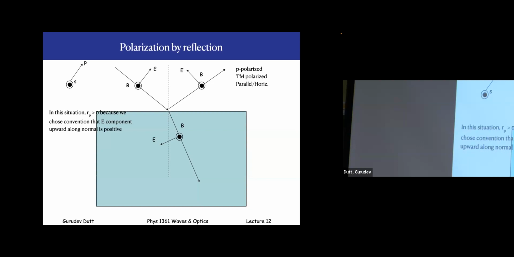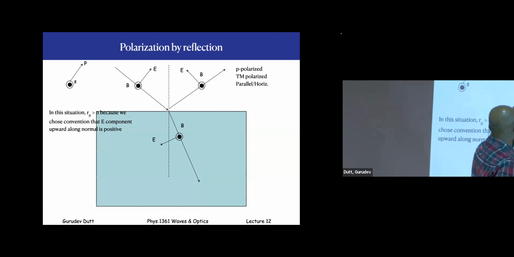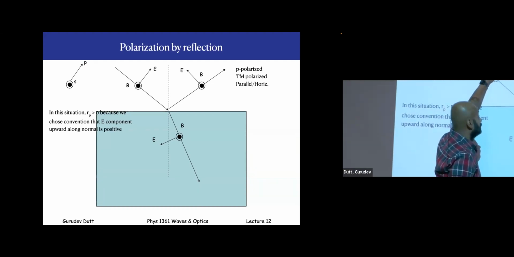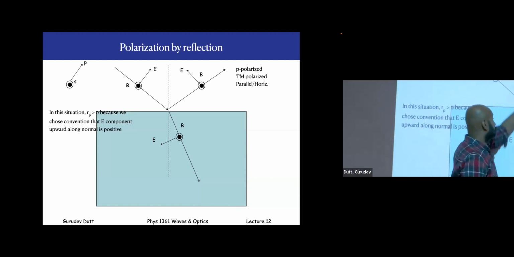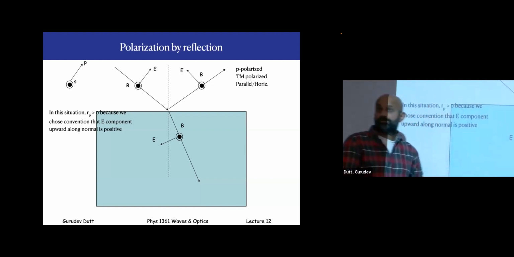This particular orientation is such that RP is greater than 0, because when the electric field's component along the normal is always pointing upward, it's positive. That is, if this is the normal, if I chose this as an axis, then the component of E along this axis remains positive in this orientation.